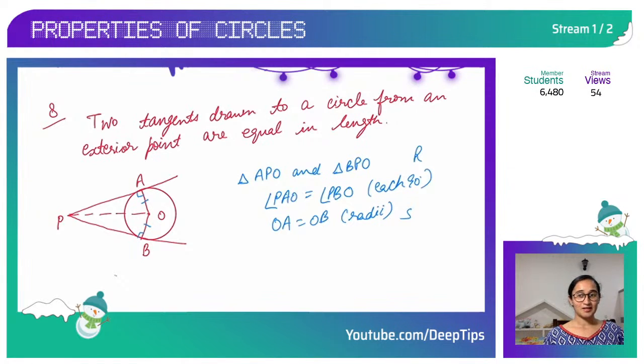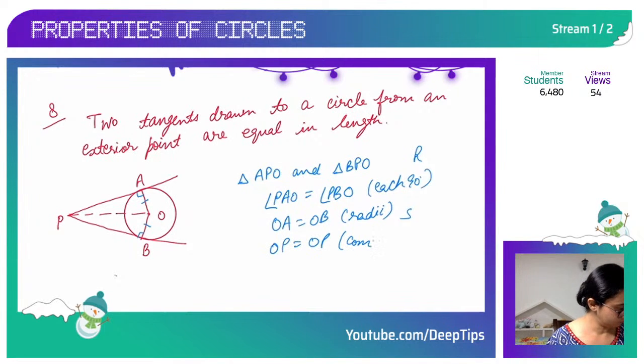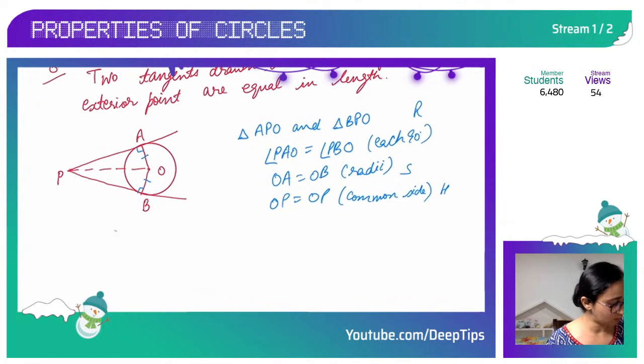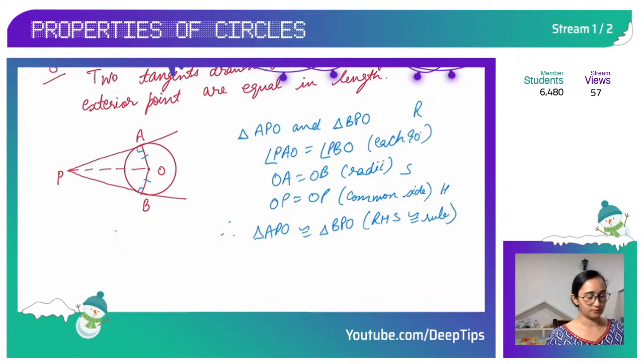Yes, we know that the side opposite to 90 degrees is always the longest side, and that is the hypotenuse, right? So OP equals OP is a common side, and it is your hypotenuse. So I can say triangle APO is congruent to triangle BPO using the RHS congruency rule.